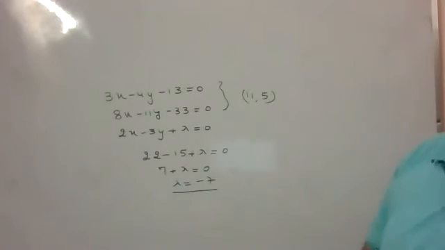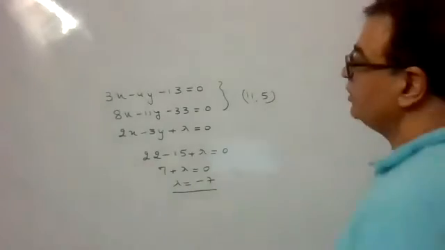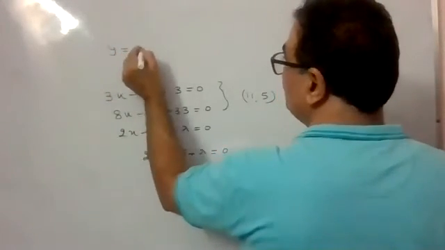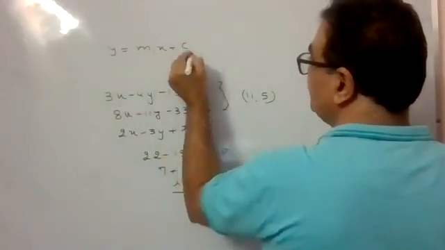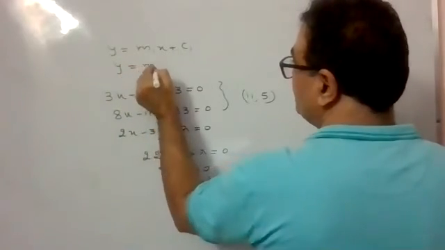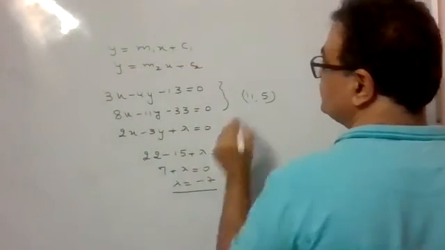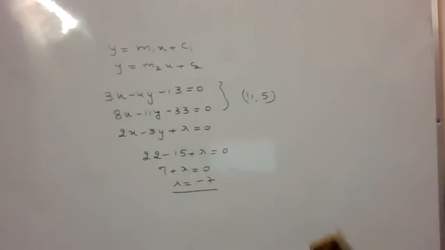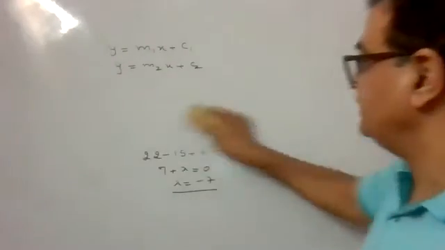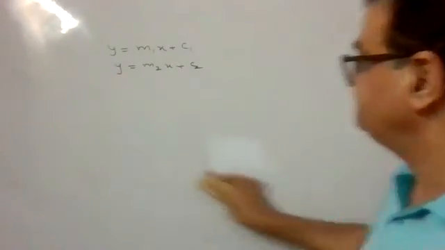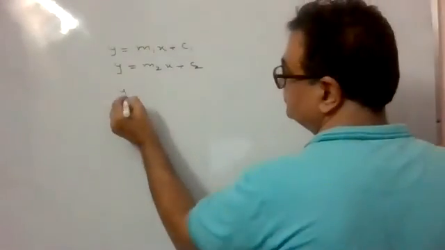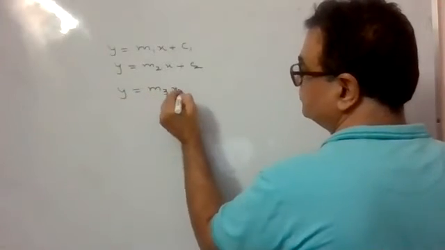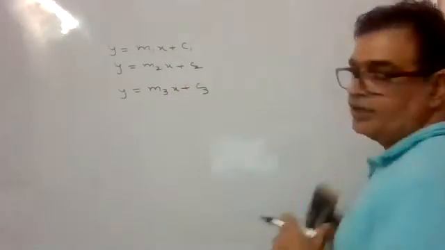Find the condition that the lines y is equal to m1x plus c1, y is equal to m2x plus c2, and y is equal to m3x plus c3 are concurrent.